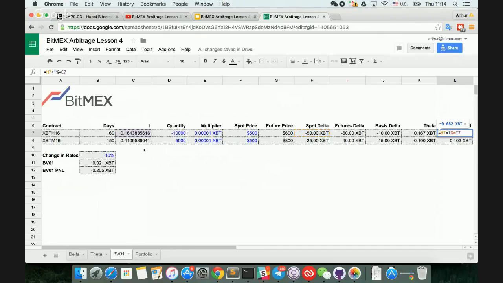We've just taken 1% times the spot delta times the time value component of the futures contract. And now we have an aggregate number here, which means that looking at this portfolio, we are short something at a premium and long something at a premium. Now we can compute, to make this a little bit easier to understand.